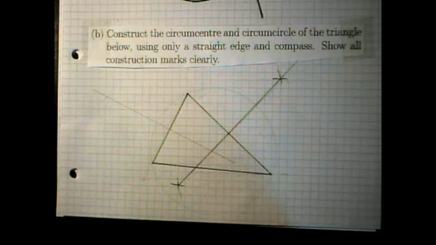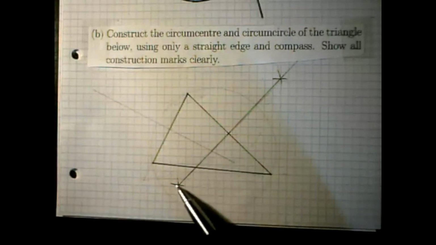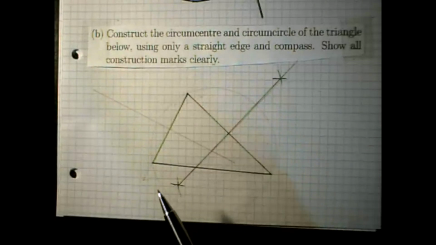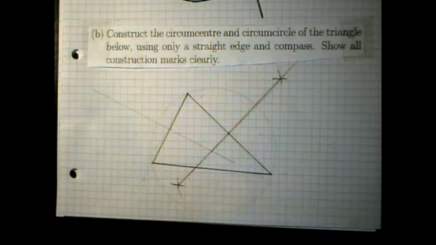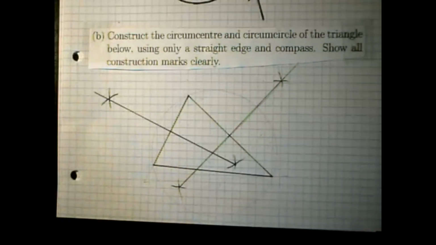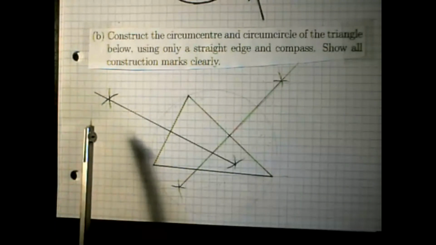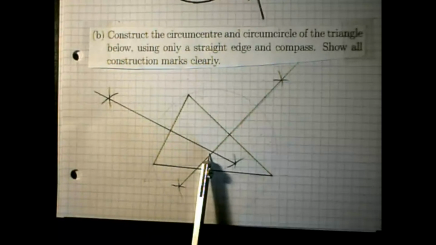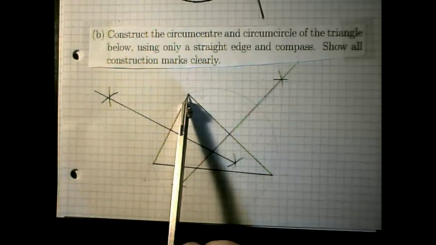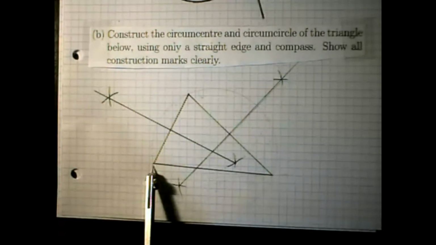If you construct this bisector for at least one other side, then what you're going to find is a single point that is equidistant from all 3 of those vertices. Now I've constructed another bisector, so I know that any of the points on this new line here is the same distance away from this vertex as it is from this vertex.